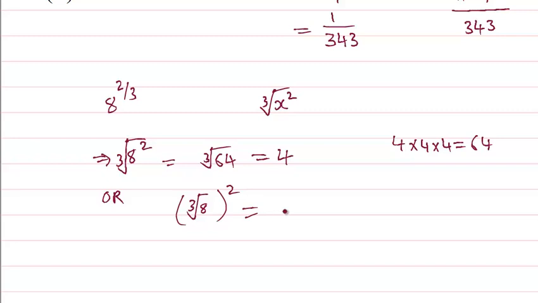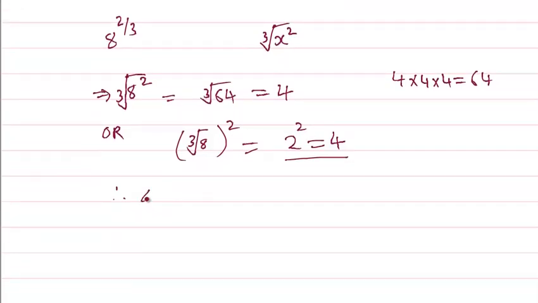So the cube root of 8 is 2, then you square it, so you get the answer 4. So therefore 8 to the power 2/3 is basically equal to 4.